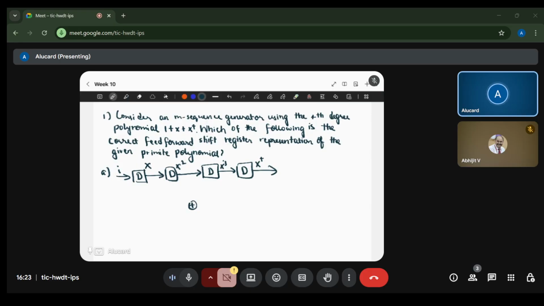The polynomial is 1 plus x power 4. So we have a direct connection, and we have a connection from x, and we have a connection from x power 4. You could write it this way.